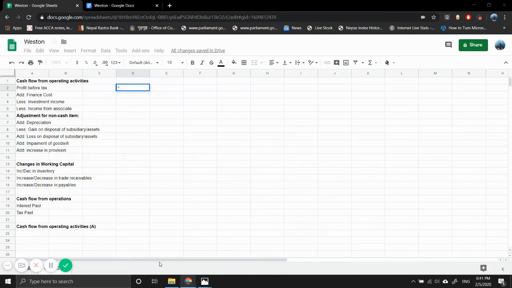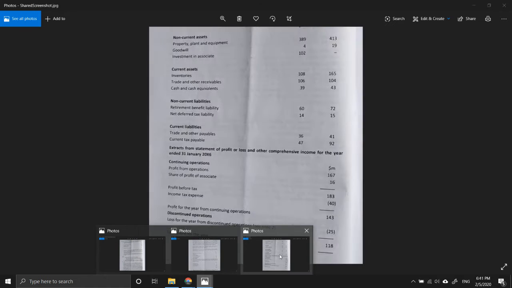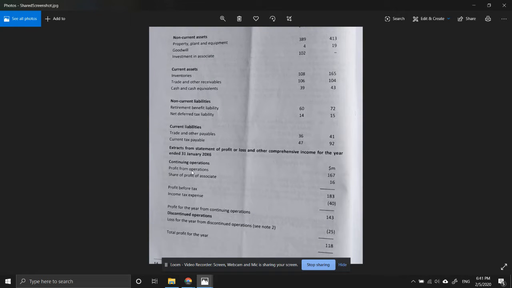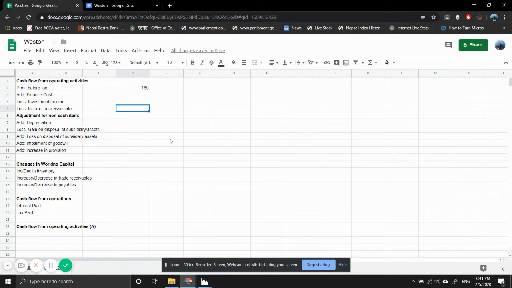That means we will need to add it up, 183 plus 6. The finance cost, I have not seen any finance cost over here. No investment income, only 16 from profit from associate, right? So minus 16, and for investment income, leave it blank.